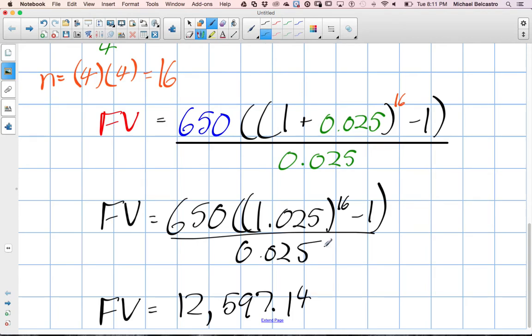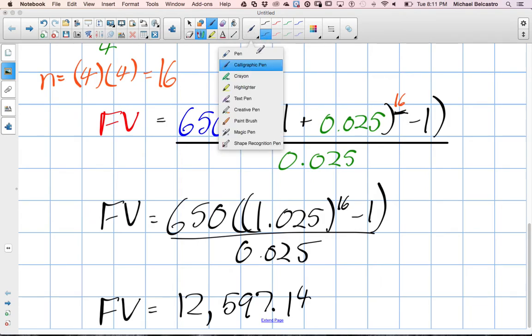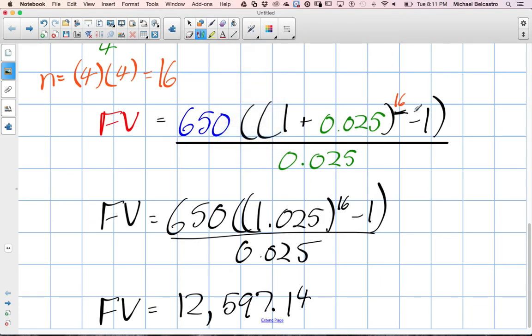But I'm going to extend this question further. What if they ask us how much do we make? The compounding periods, 16, tell us how many payments we actually make. Since they've told us how many payments we make, we're going to use that information to figure out how much money we actually put into the account.